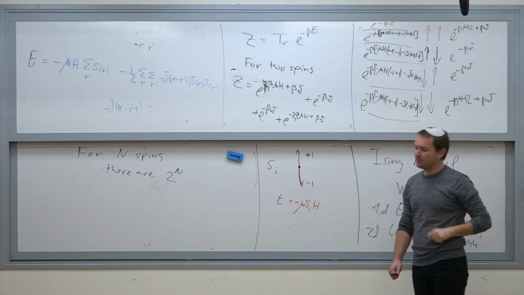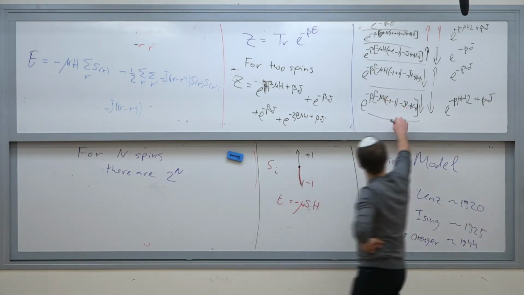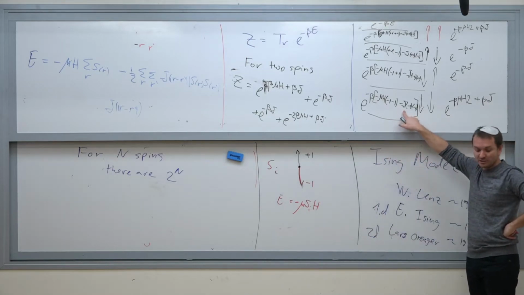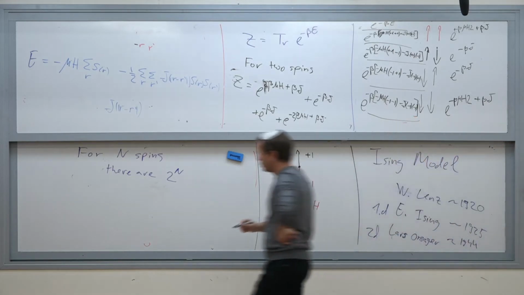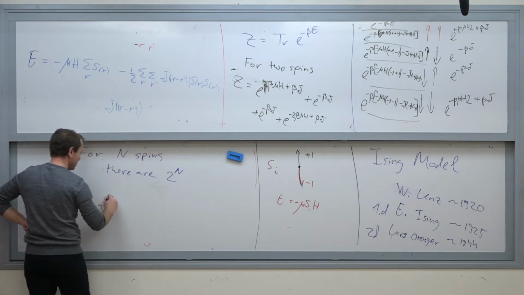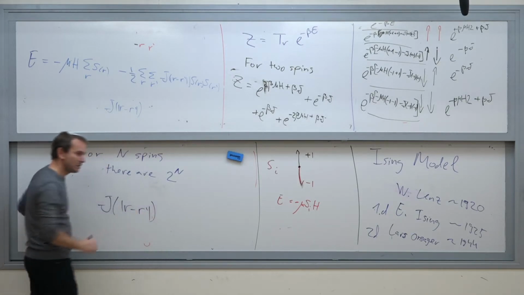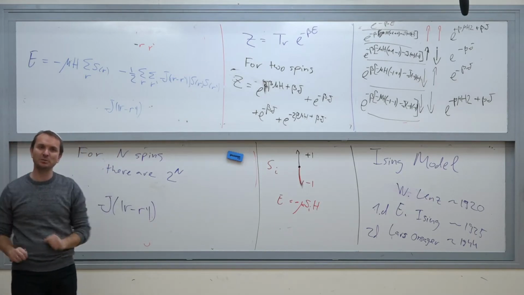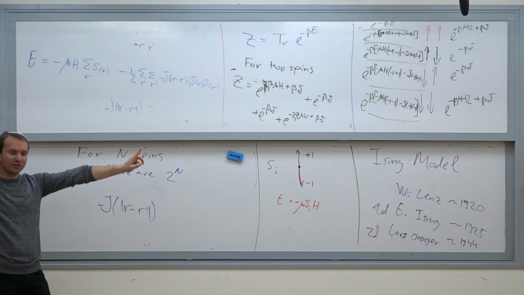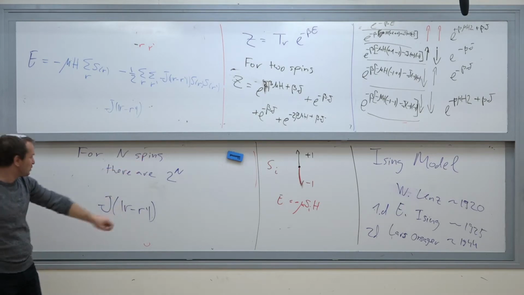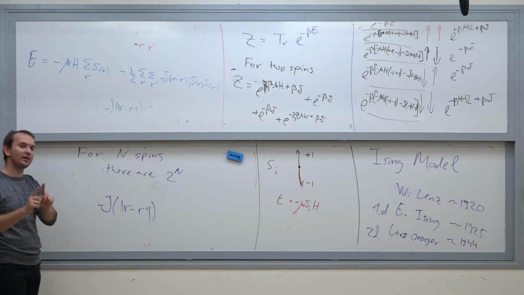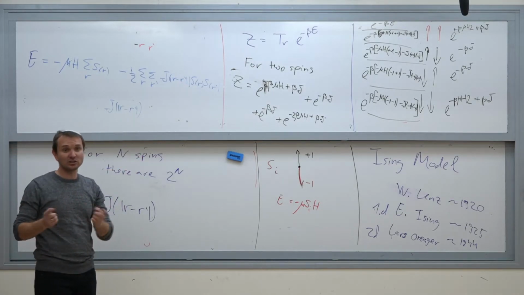More importantly, here I was using a single J. J was constant. But in general, J is a function of r minus r prime, the spatial distance between the 2 spins. The farther they are apart, the smaller J becomes. The closer they are together, the larger J becomes.